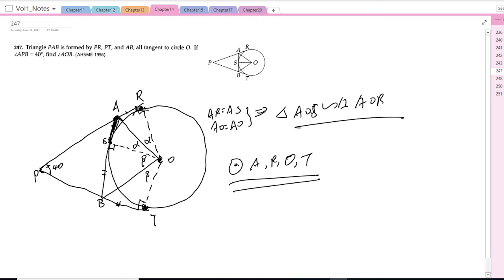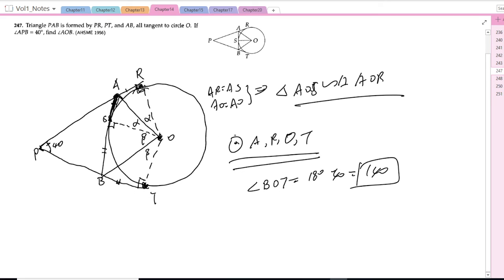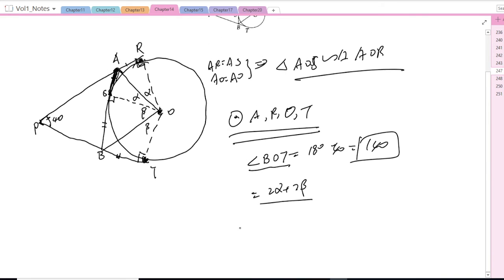So now you know this is 90 degrees, 90 degrees, right? So BOT is equal to 180 minus 40, which is 140 degrees. What is BOT? BOT is 2 alpha plus 2 beta, right? Then the angle AOB, which is alpha plus beta, is 70 degrees.